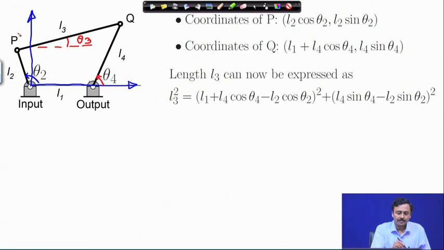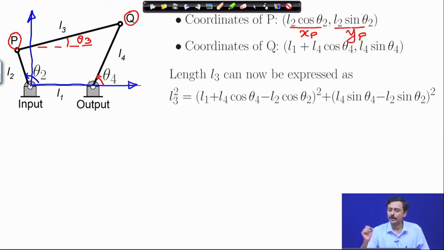So, here I have marked 2 points P and Q. These are the 2 hinges. So, coordinates of point P in this coordinate system are L2 cos theta 2 and L2 sin theta 2. So, this is the x coordinate, and this is the y coordinate of point P. Similarly, I can write coordinates of point Q. In order to write that, I must add this L1 along x.